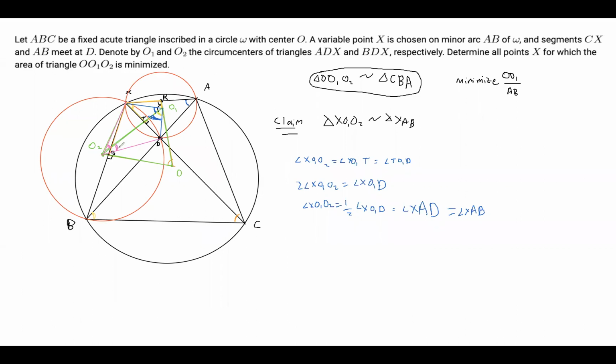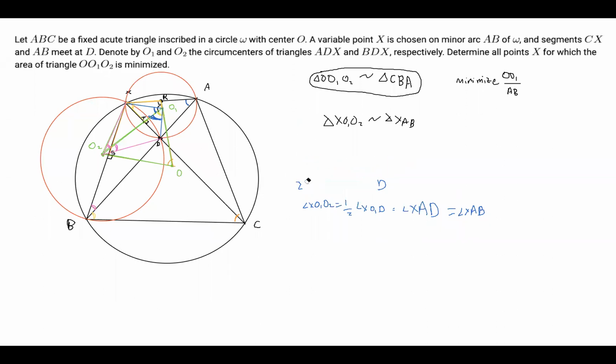And this angle is twice of this angle, since arc XD of this circle is subtended by this inscribed angle and this angle in the center. So this pink angle, angle XBA, is equal to angle XO2O1. And since these two pink angles are equal and these two blue angles are equal, AA similarity gives that this similarity is true as well, right?